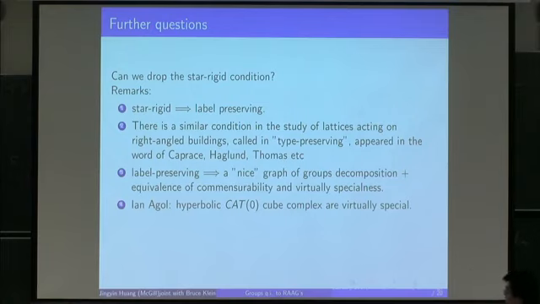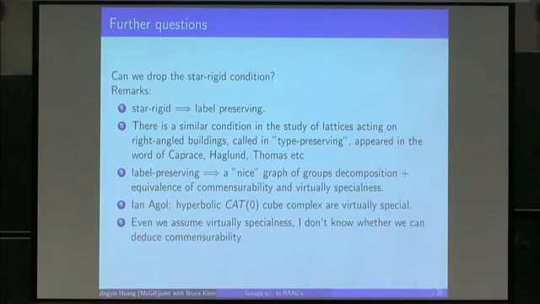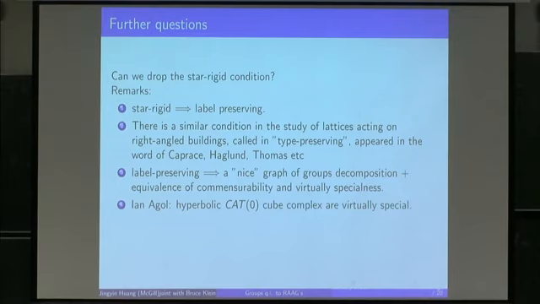The Agol theorem is stronger than the Haglund-Wise theorem, because Haglund-Wise was working under the assumption that there exists a graph of groups decomposition, and the Agol theorem does not assume this, and Agol has a very nice neighboring argument to get around it. So perhaps one thing we can do is try to see whether Agol's argument also works for us, whether there's a way we can neighbor things in a clever way, so we can get rid of this label preserving condition. And yeah, perhaps let me just stop here, and thank you for your attention.